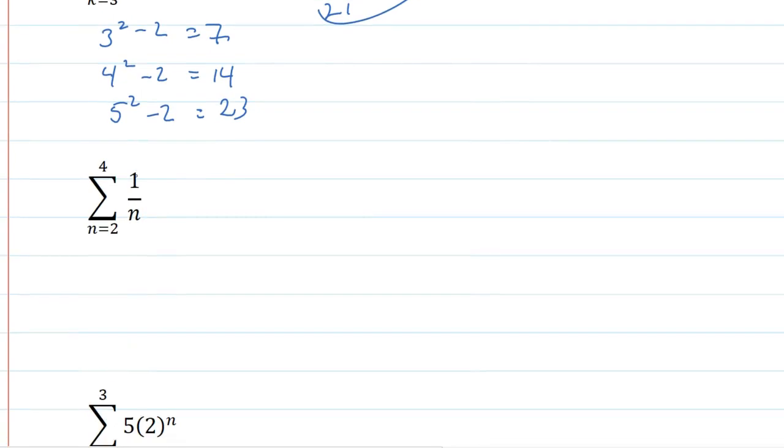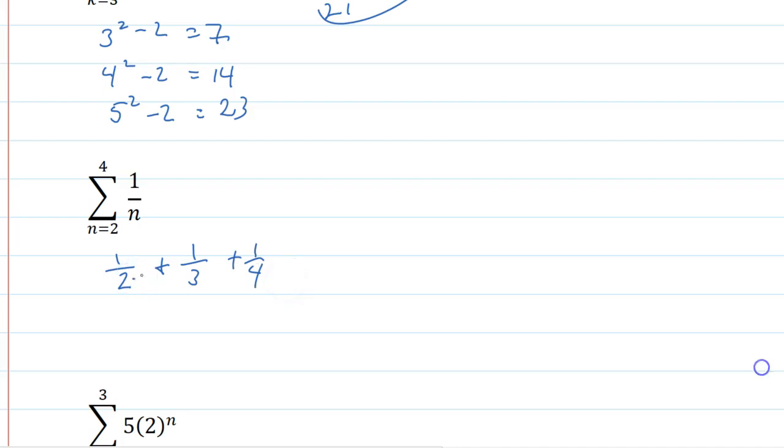Moving on to your favorite things, fractions. We have the summation of 1 over n from n equals 2 to 4. 1 over 2 plus 1 over 3 plus 1 over 4. Now we need a common denominator. The easiest denominator out of all these will be 12.